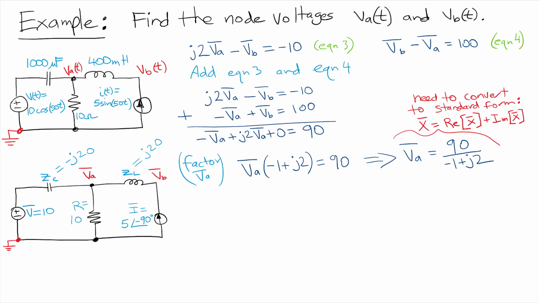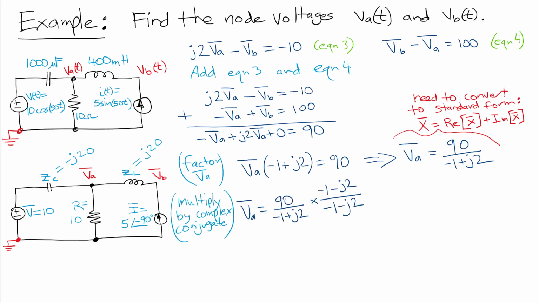So how do we do that? How do we fix it? This is something that you should know for basic manipulations, and that is you got to multiply by the complex conjugate of the denominator. So this is the denominator, and we're multiplying by the complex conjugate. Well, in fact, the complex conjugate divided by the complex conjugate.